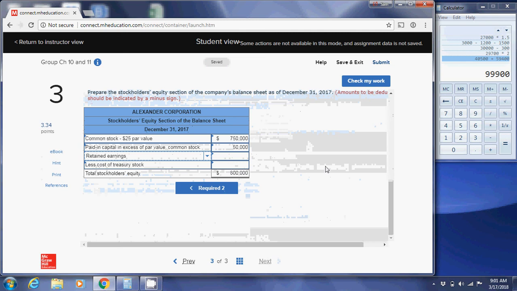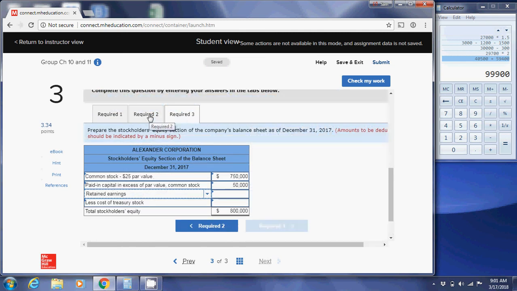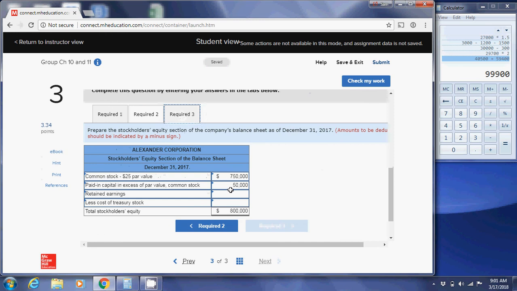What about retained earnings? Well, we just calculated retained earnings in requirement number 2, so I'm going to flip over there real quick. There it is, 290,600. And then we have the cost of treasury stock, which I believe was 300 shares, and we purchased it for $25 a share. So we need to take that out at 7,500.